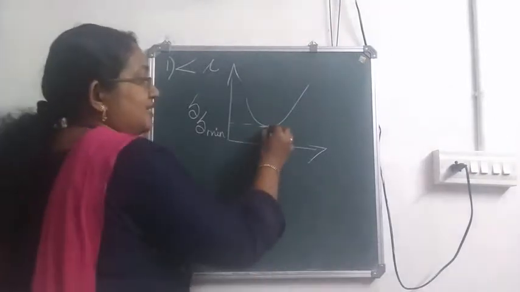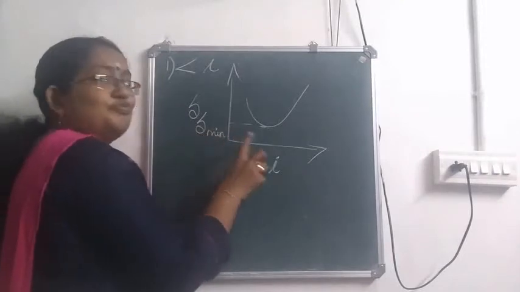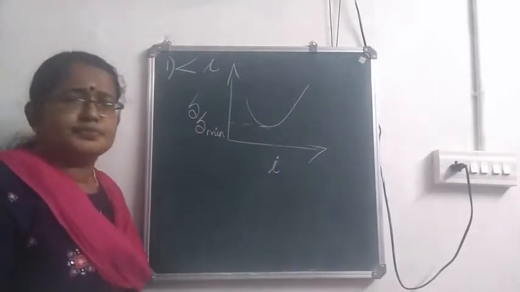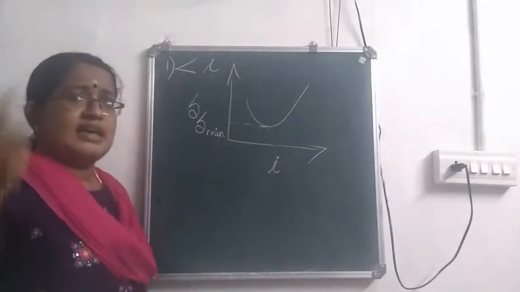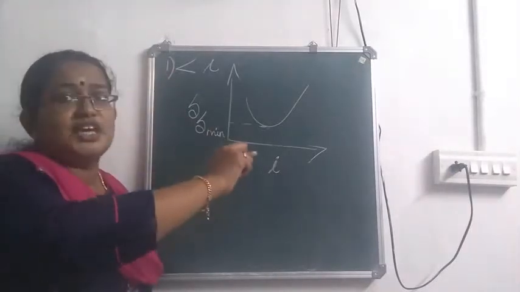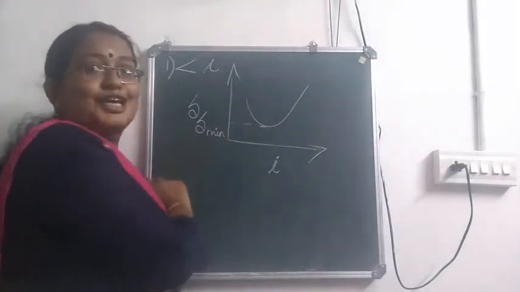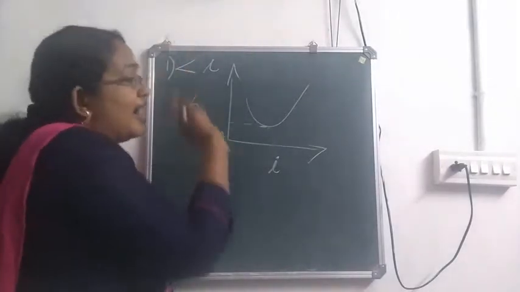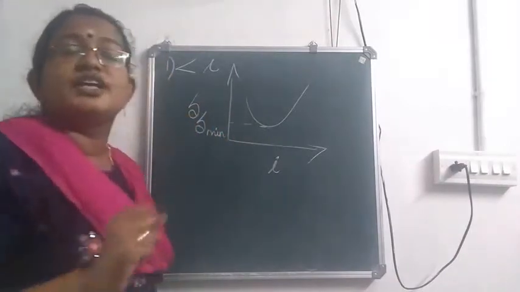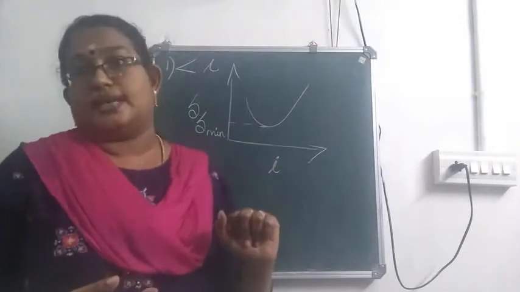That point is given here. So that minimum value is given as angle of minimum deviation. So is it clear? When the angle of incidence increases, at first angle of deviation decreases and reaches a minimum point. That is known as angle of minimum deviation. After that, when again you are increasing the angle of incidence, angle of deviation starts increasing.